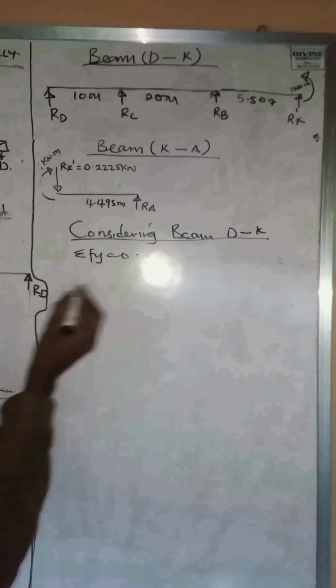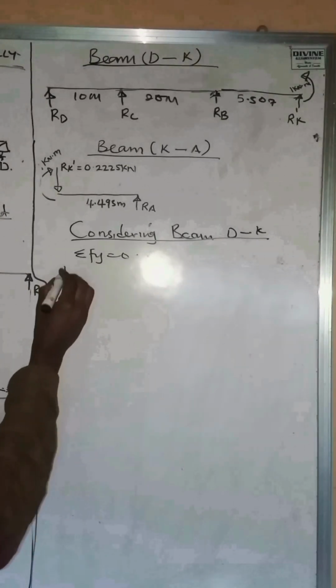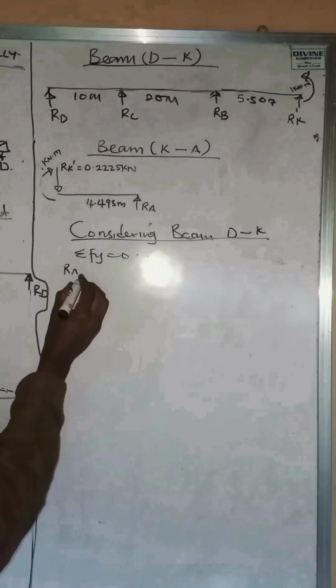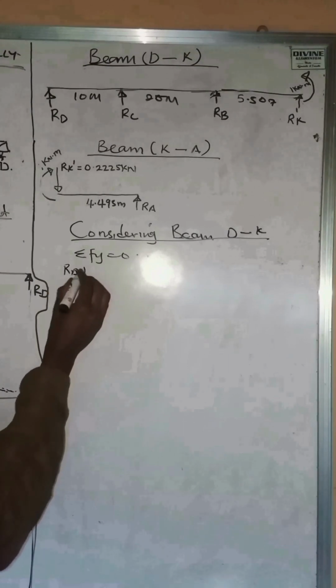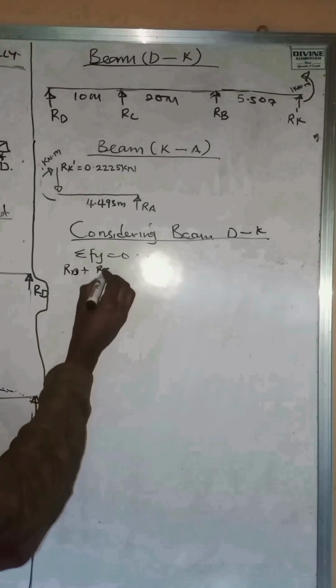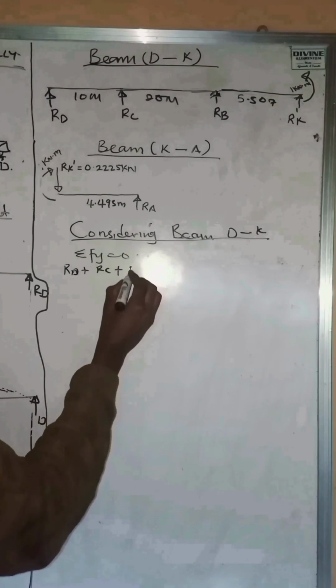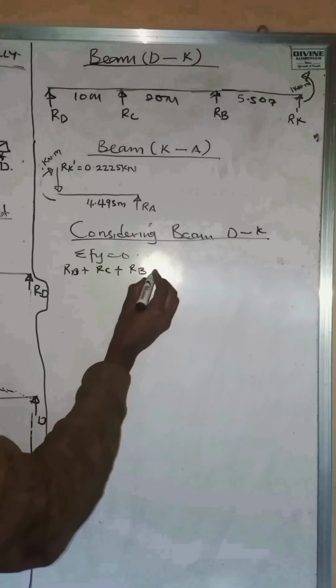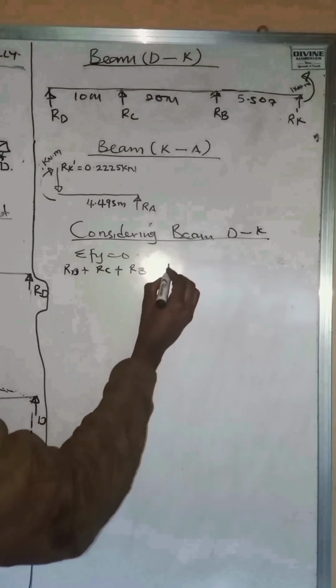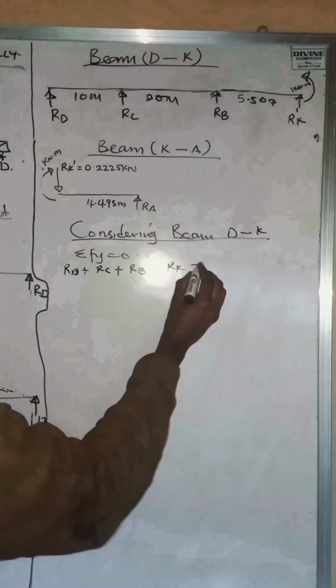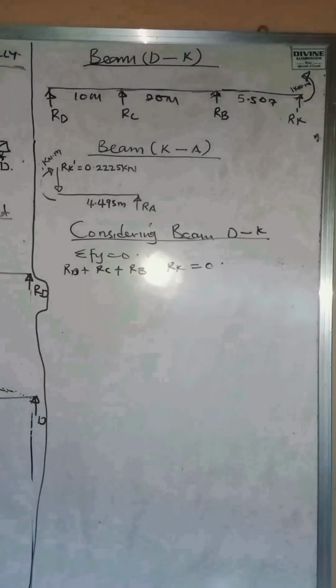Now we know summation of Y becomes 0. So we have arrow D plus arrow C plus arrow B plus arrow K equal to 0.